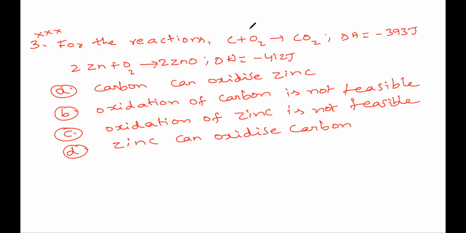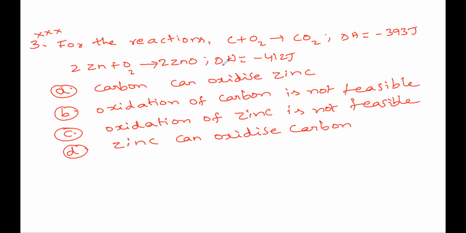Let us discuss now. For the reaction, C plus O2 gives rise to CO2, delta H is minus 393 kilojoules, sorry, joules, and 2 moles of zinc on reaction with oxygen forms 2 moles of zinc oxide, delta H is equal to minus 412 joules.